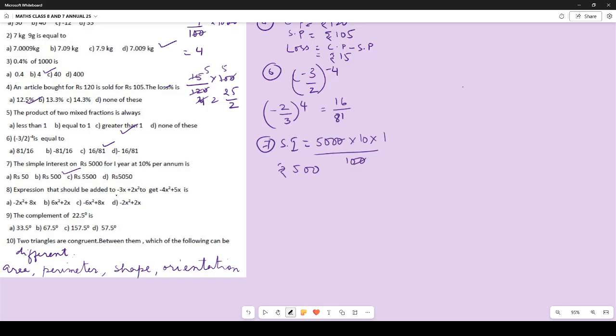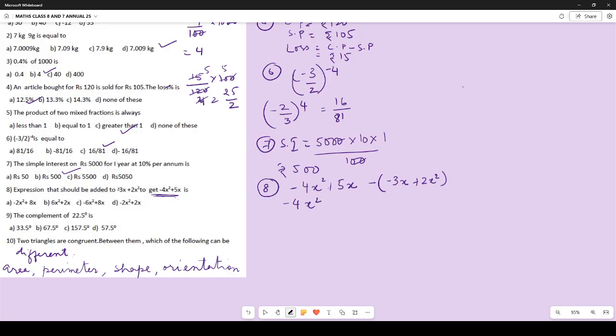Expression that should be added to minus 3x squared to get this. This means this goes in the front, because this is like your final thing. So this goes in the front. What it means is minus 4x squared plus 5x minus, now you need to subtract from this, minus 3x plus 2x squared.